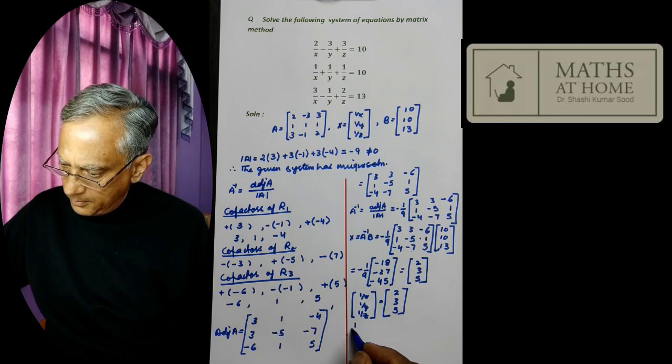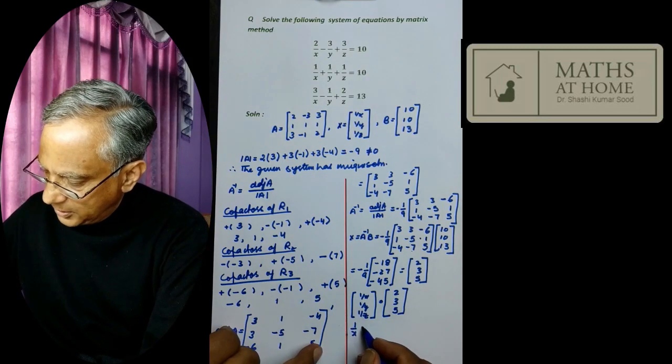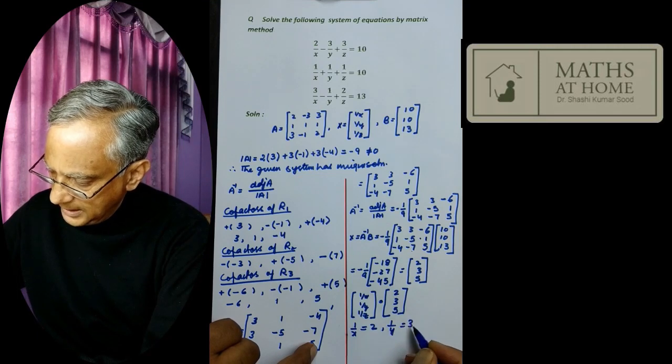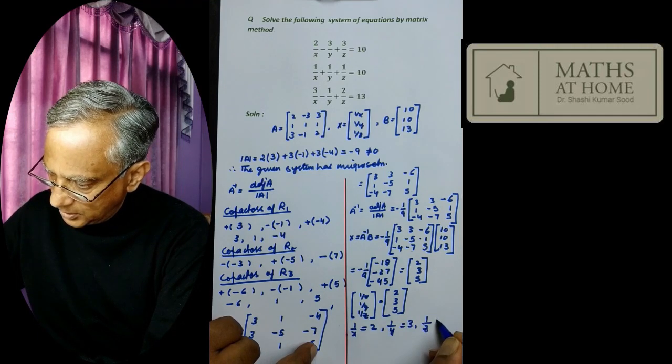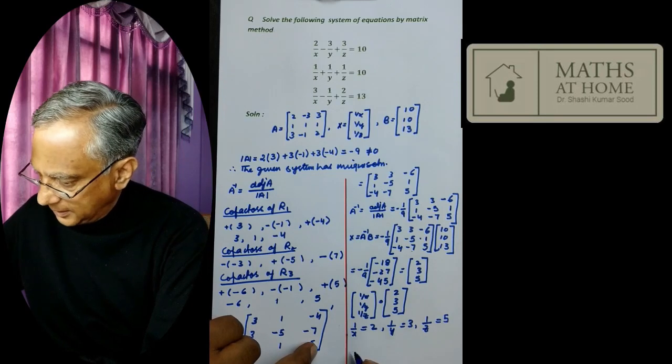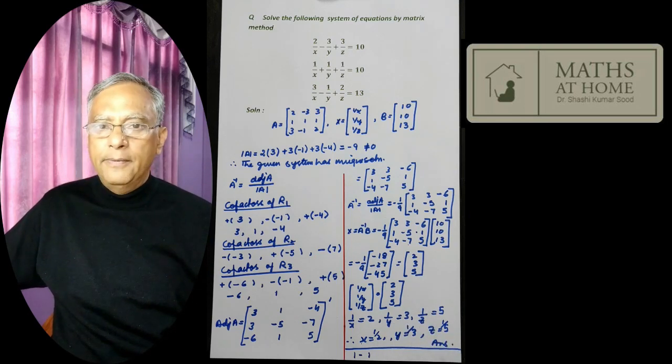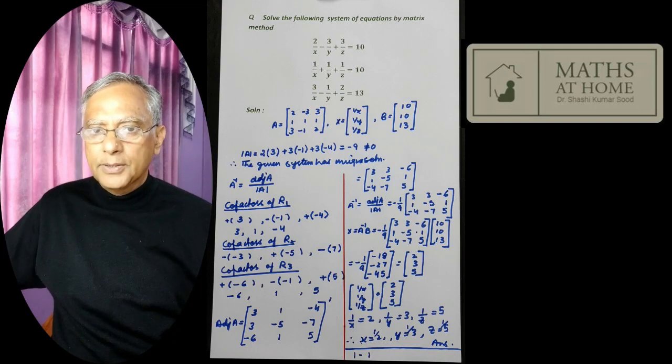And therefore 1 by X is equal to 2, 1 by Y is equal to 3 and 1 by Z is equal to 5. And therefore X will be 1 by 2, Y will be 1 by 3 and Z will be 1 by 5. This is the answer.